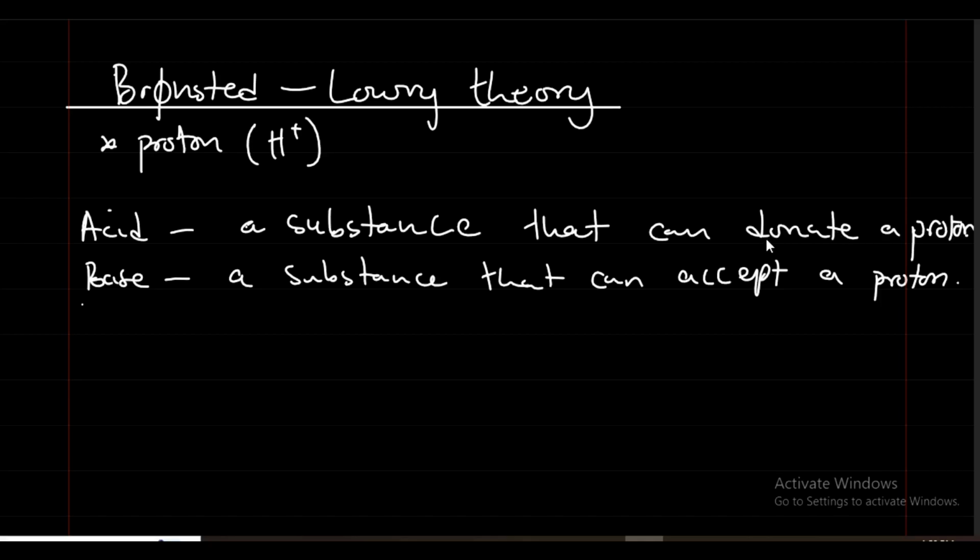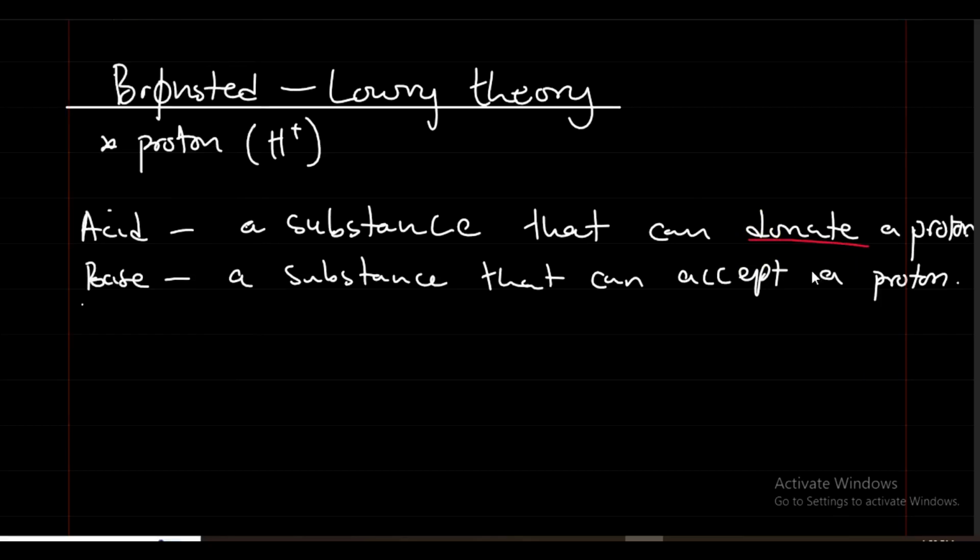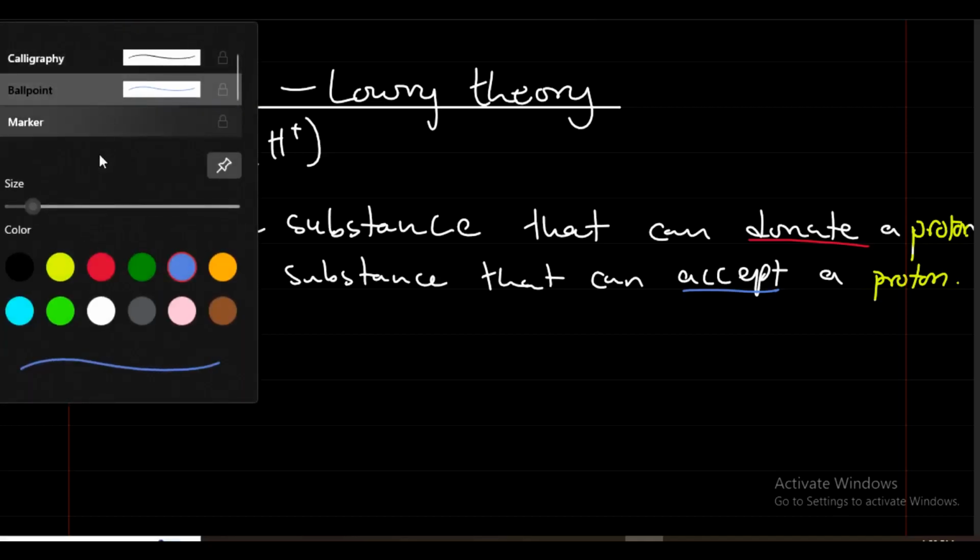The first one here, this one is different. This one can donate. Acid can donate. What about a base? A base can accept. So an acid can donate, a base can accept. So now what is being exchanged here? What is being exchanged is a proton, guys. A proton is the thing that is being exchanged. So one substance can donate it and the other can accept it.